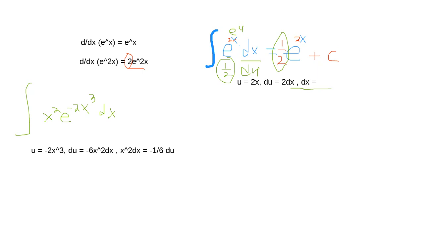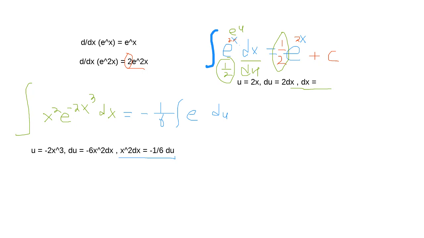Right, with this, we can substitute. So x squared dx, we substitute with negative 1 over 6 du, and we'll put it in front of the integration sign. And then e to the negative 2x cubed becomes e to the u.